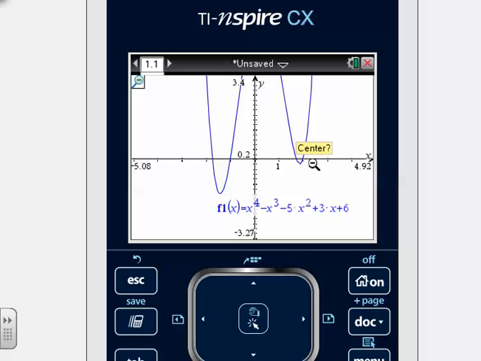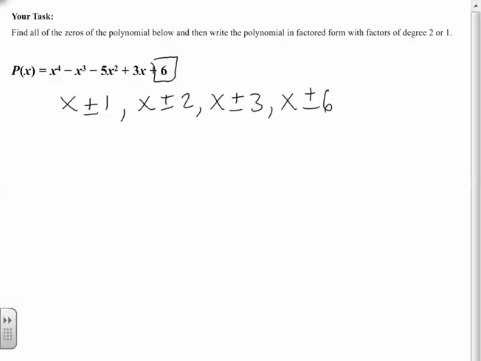Okay, so let's take a look. Alright, so we decided that our possibilities are x plus 1 and x minus 2. We need to do a bit of polynomial division and see what we can get.